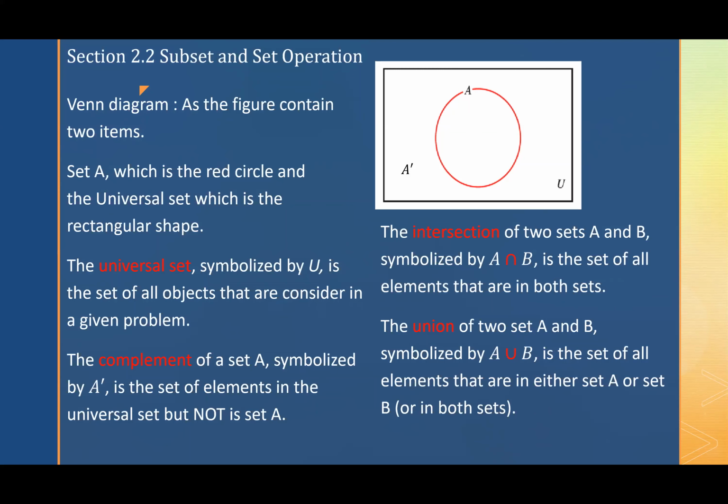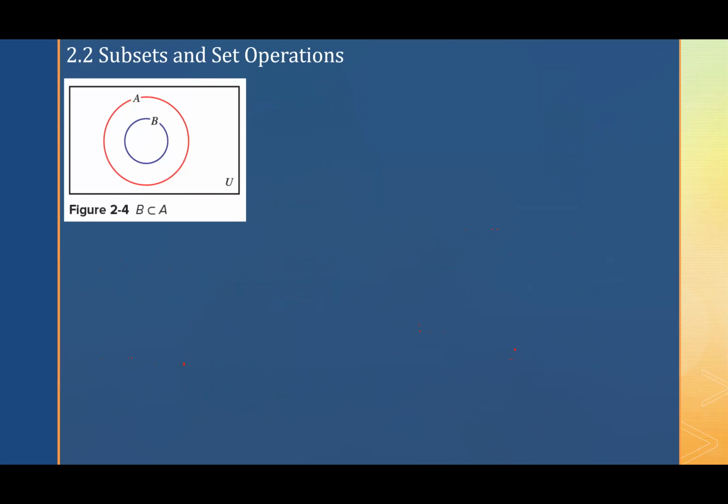Intersection, common. Okay, so looking at this, let's take a look at the Venn diagrams. There are 4 different Venn diagrams that you will see that relate to 2 sets. The first figure, from your book, make sure you see that B is inside A. We call this a proper subset because everything in B is also in A, which is a reminder that B is a proper subset of A. Why?